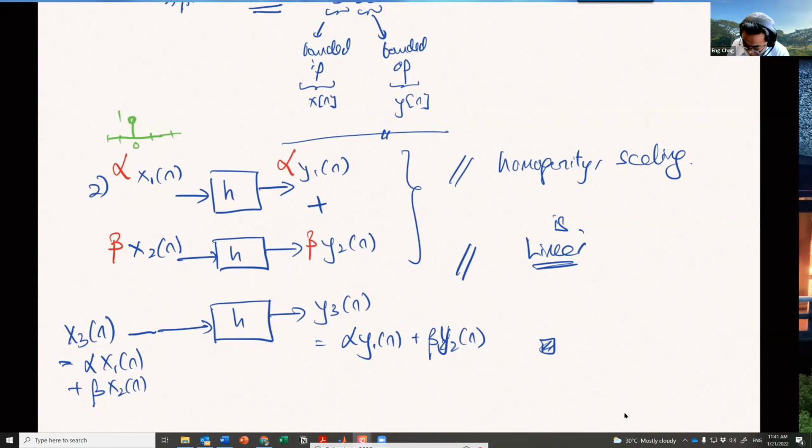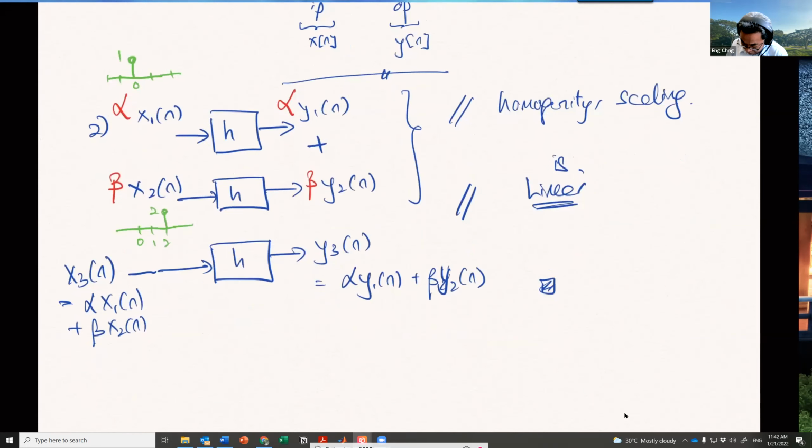And the second sequence x2 is this, at 0, 1, 2, maybe this is 2. Then what you realize is that x3 is equal to 1 at time 0, nothing at time 1, 2 at time 2, nothing at time 3, and nothing at time 4.